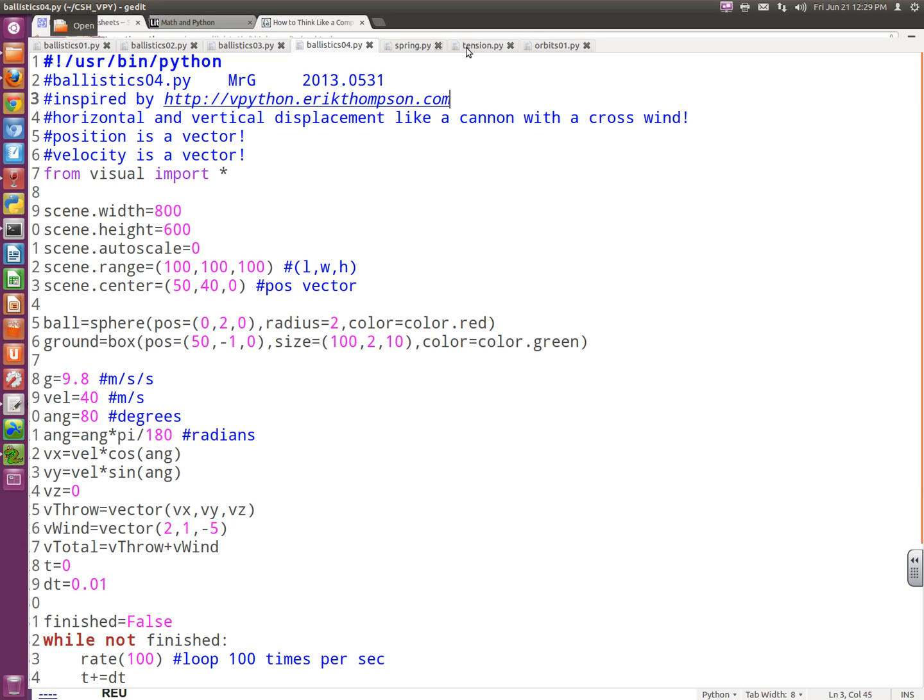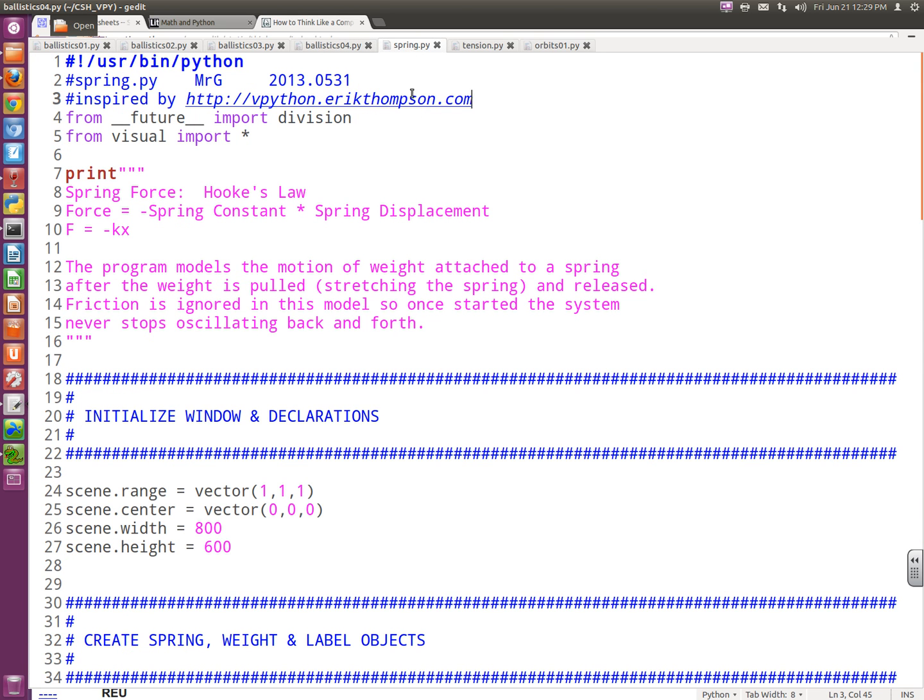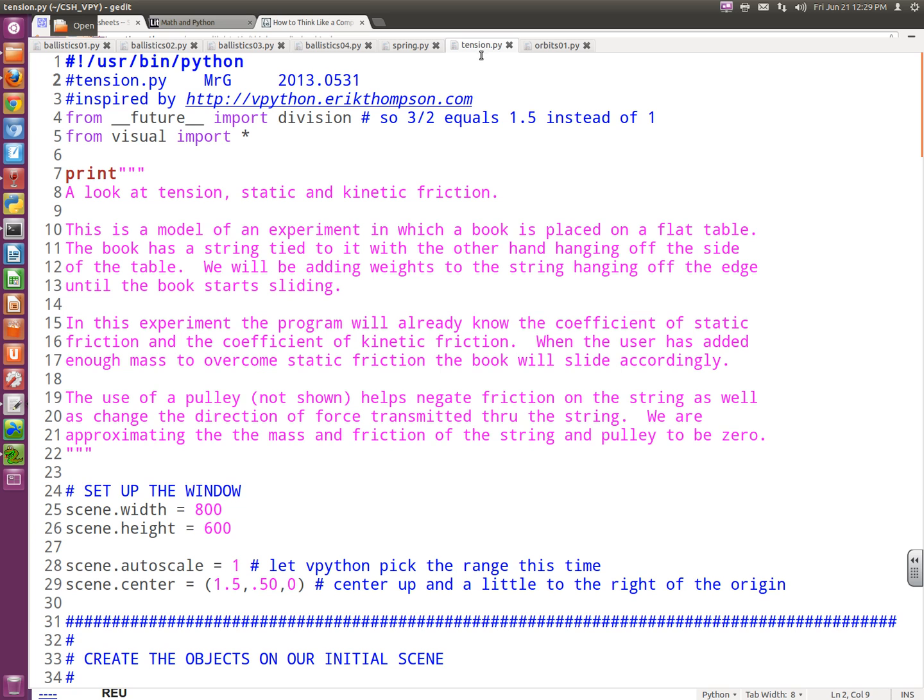This is all inspired by ericthompson.com, by the way. I didn't get to play with this too much, but I'm thinking of playing with Hooke's law and the spring constant and tension on cables, and orbits and things.